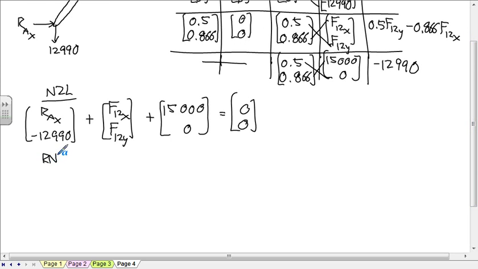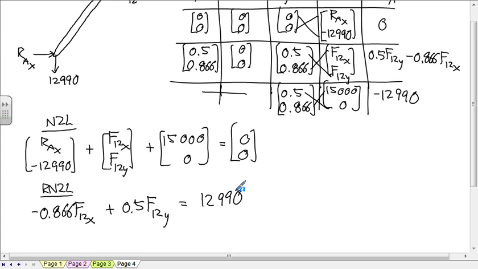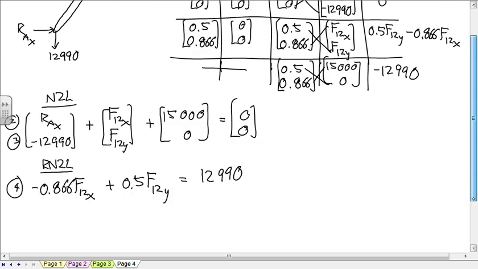And then the rotational equation says negative 0.866 F12X plus 0.5 F12Y is equal to positive 12,990. Okay, so these are equations 2, 3, and 4. Now solve that system of equations.